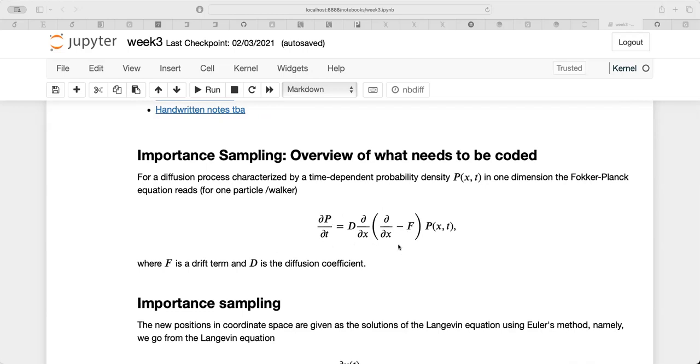And this is normally time dependent. And when equilibrium has been reached, then this probability distribution is time independent, as we saw last week. Now, the standard diffusion equation, the way we derived it from a Markov chain, includes only kinetic energy.